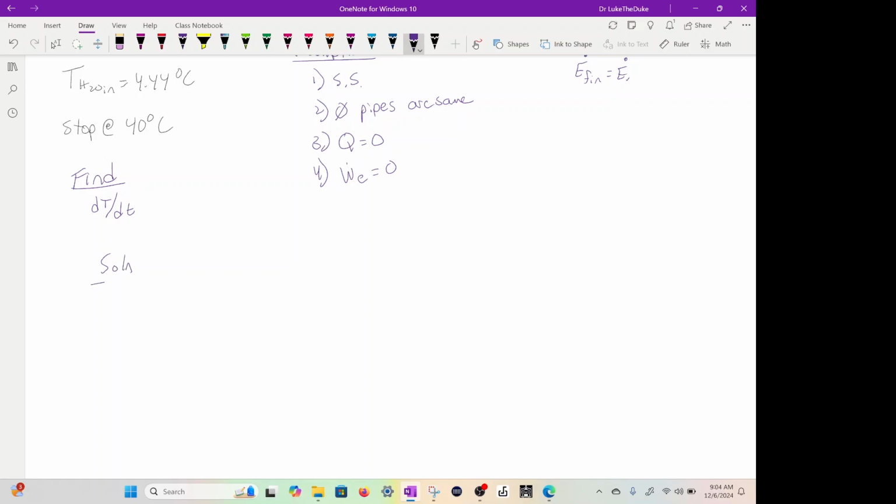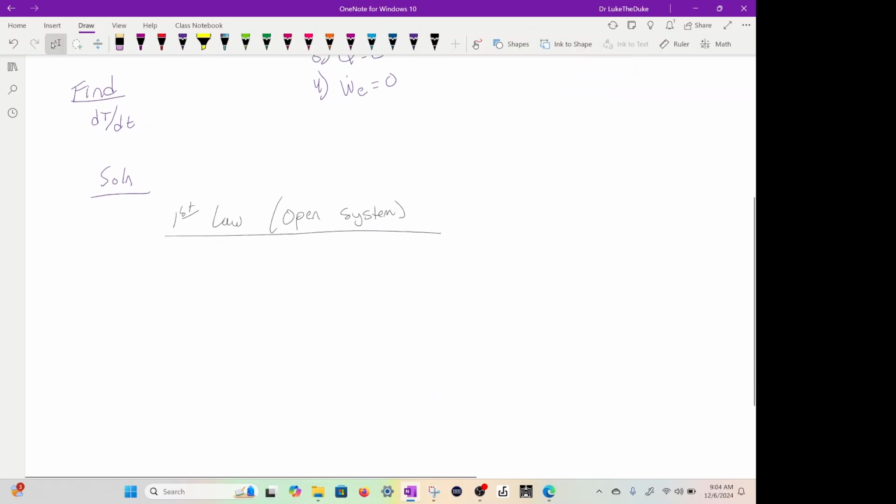Solution. First law. This is of an open system now, so I'll write the whole thing to be complete. This is the left of the equal sign.